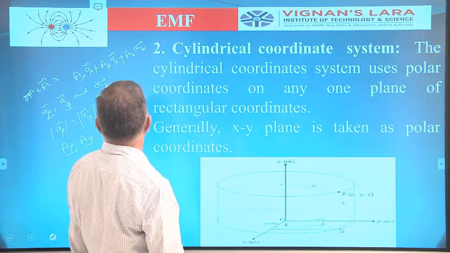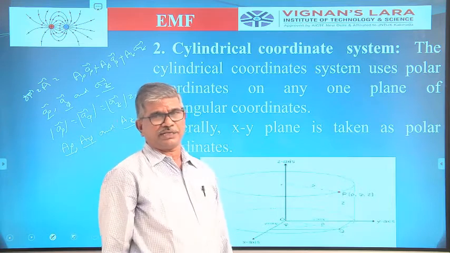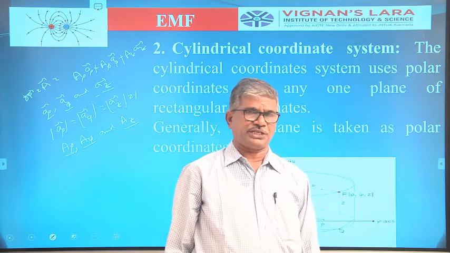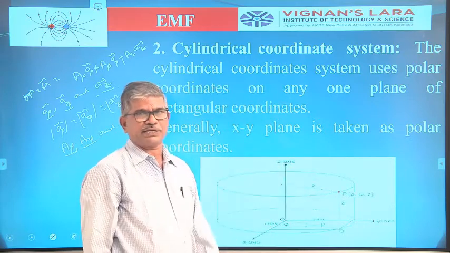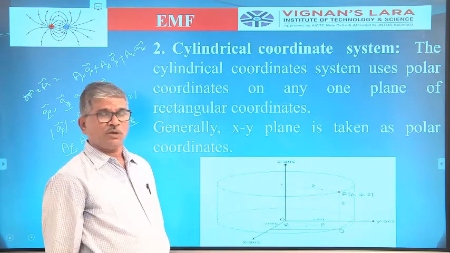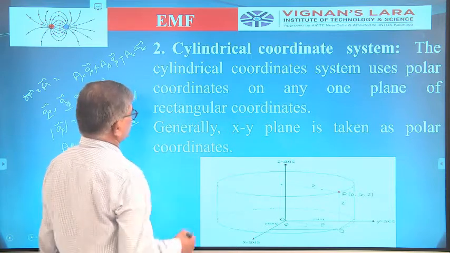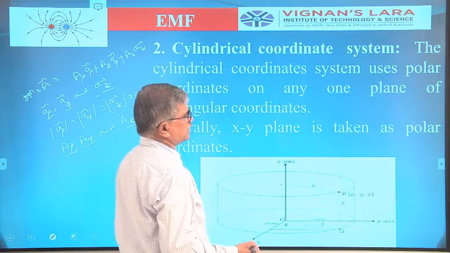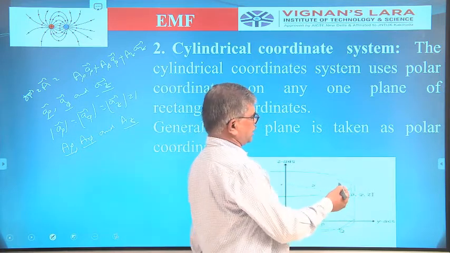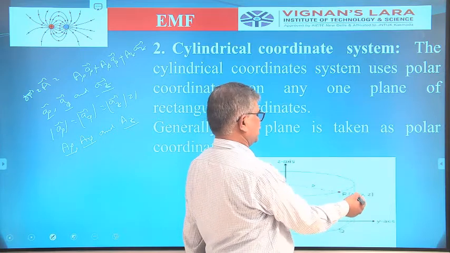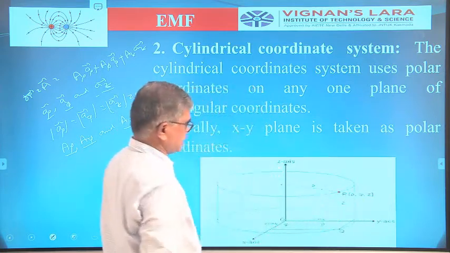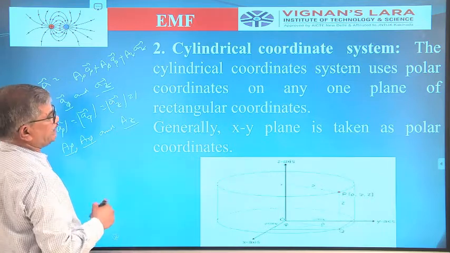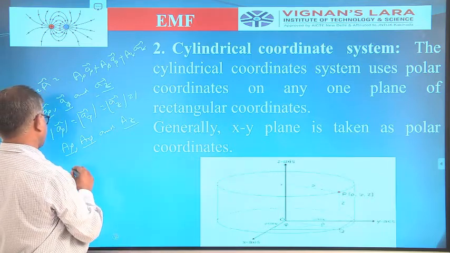Now we define the differential elements in the cylindrical coordinate system. In the cylindrical coordinate system, consider the polar coordinates rho and phi, and the z axis is as it is. So at a point the cylindrical coordinates are rho, phi and z. Now we define the differential length.